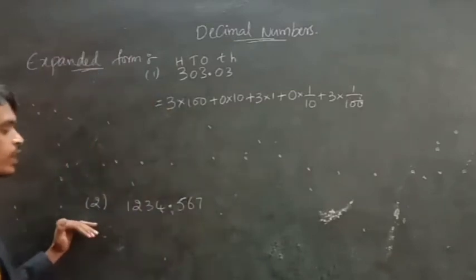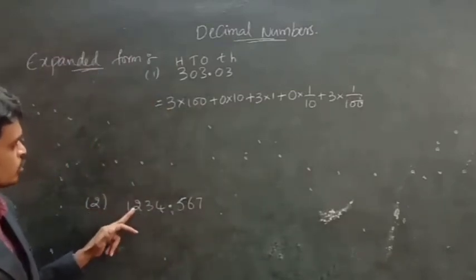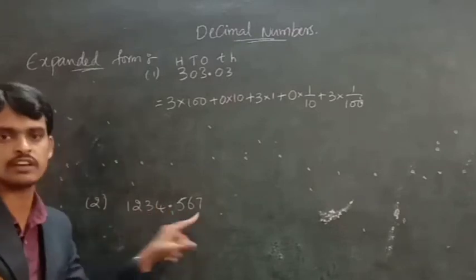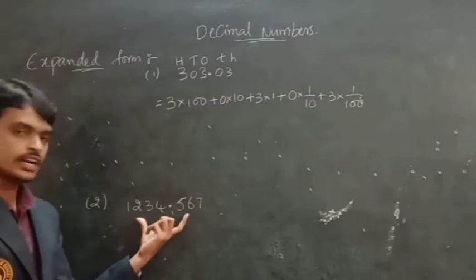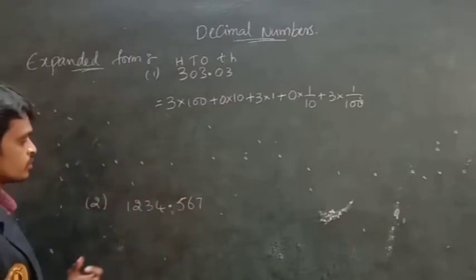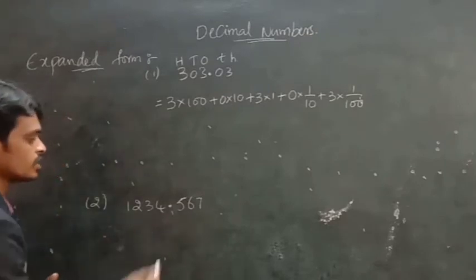Now let us take one more example: 1234.567. We should write this decimal number in expanded form. First we write the place values of these numbers.